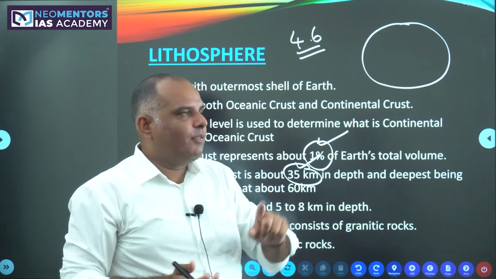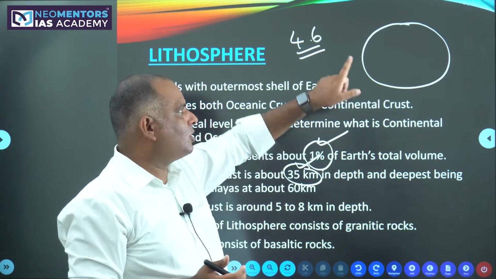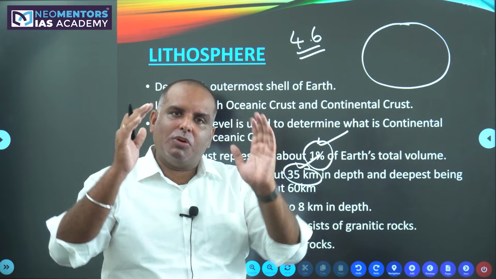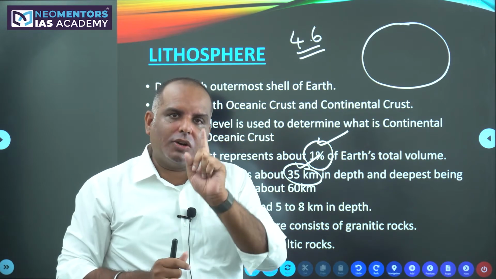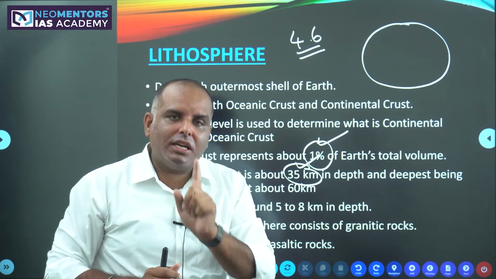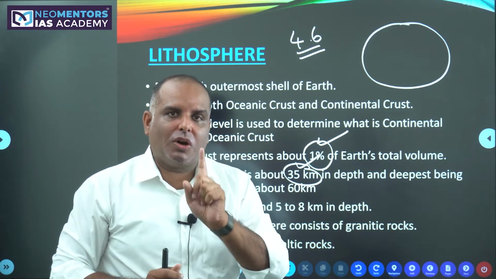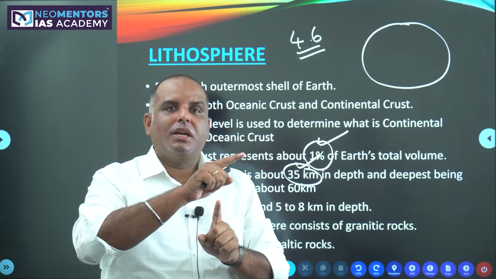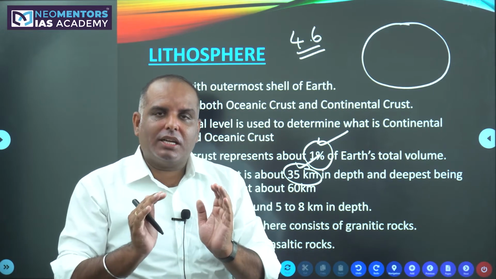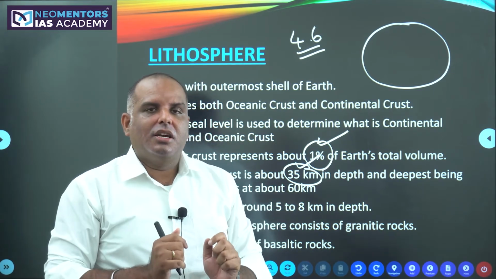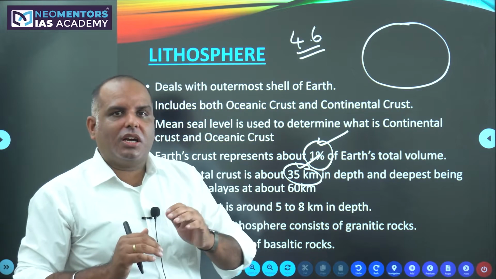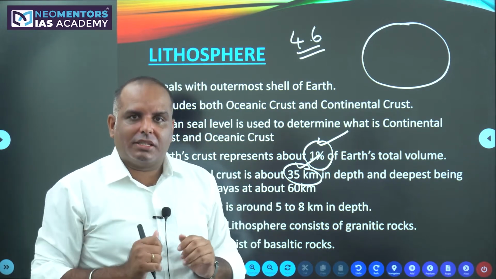So when we talk about the lithosphere, the outermost shell, it should include both the continental crust as well as the oceanic crust. That means the ocean basins also, devoid of water. Now we all know the oceans are pretty deep compared to our land mass.